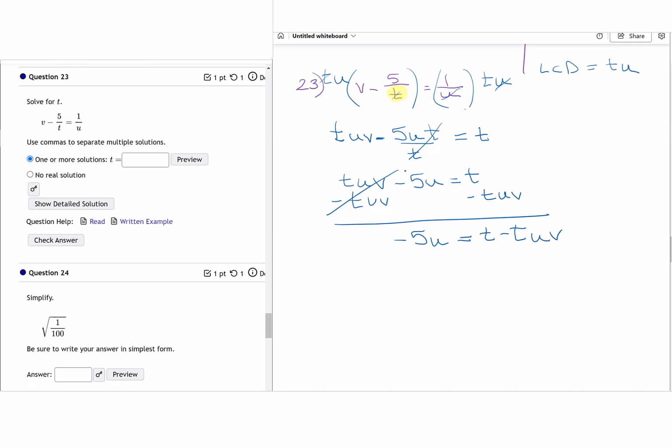Now, this is where people usually get really confused because we have these two T's. They're on the same side now. I can factor out my greatest common factor. So I have minus 5U is equal to T times 1 minus UV. And then I can divide both sides by 1 minus UV.